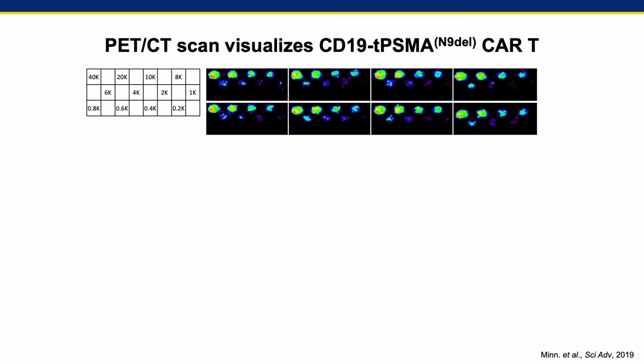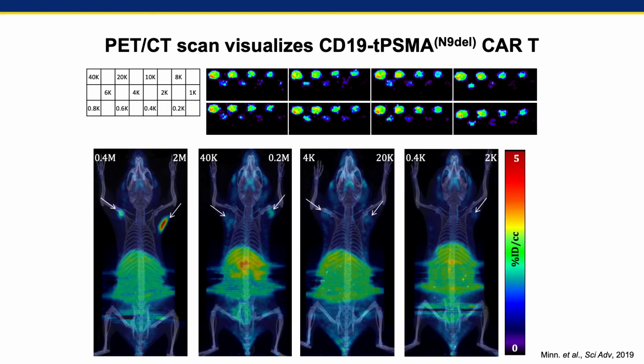Very encouraged by our in vivo efficacy study, we went on and evaluated the sensitivity of detection of our engineered CAR T cells. In vitro phantom studies show that we were able to detect about 2,000 cells in 20 microliter volume using a preclinical PET scanner.